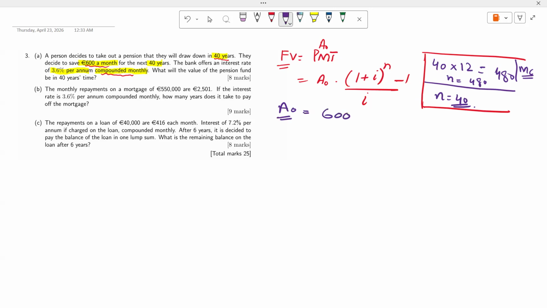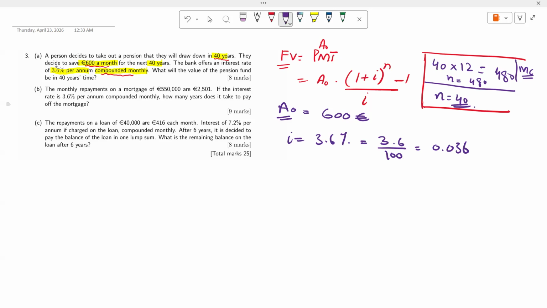And A naught is the fixed amount that you put into the bank, that is 600 euros every month. And your I is 3.6 percent, but this is per annum. So let's get rid of this percentage sign first. Whenever you see this percentage sign, that means 3.6 divided by 100, so you would get 0.036.